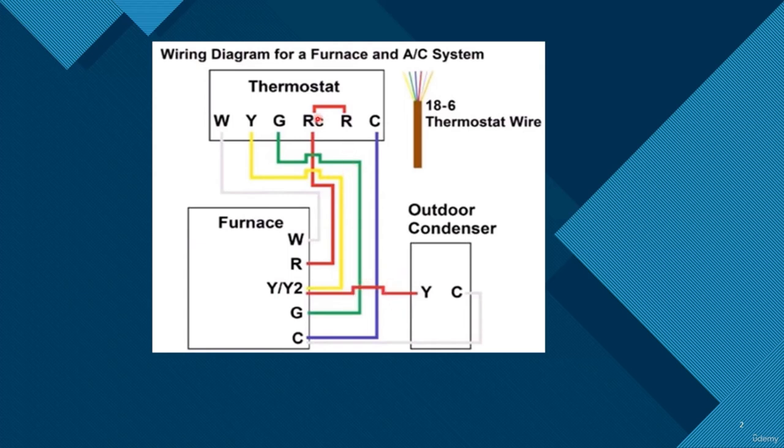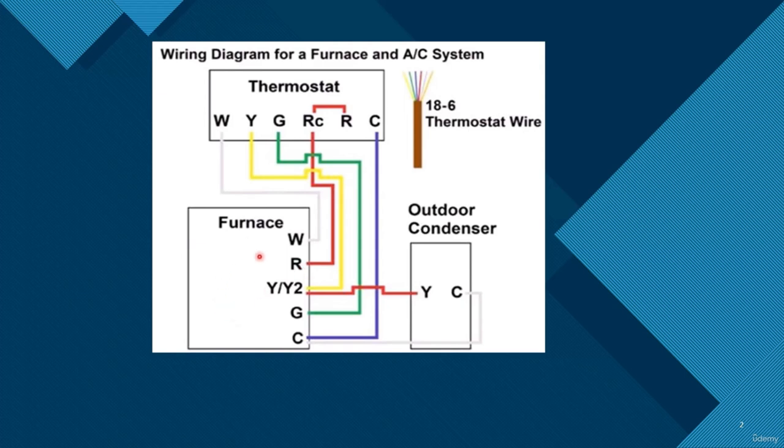So when you get the power, 24 volts to the Y, it comes down to the control board, and your condenser is going to immediately power up because you're sending the voltage directly there. So your condenser should start up. And then there'll be a little bit of a time delay, and the control board will eventually turn the blower on the furnace. And that's where you get all the air coming out of the registers in your home.